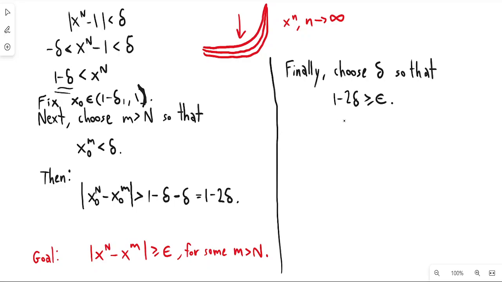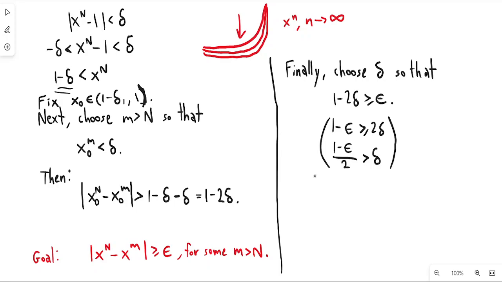And we can totally do that. I mean, explicitly, we need 1 minus epsilon to be greater than or equal to 2 delta. So delta needs to be less than 1 minus epsilon over 2. Yeah, so that's explicitly what the delta needs to be.